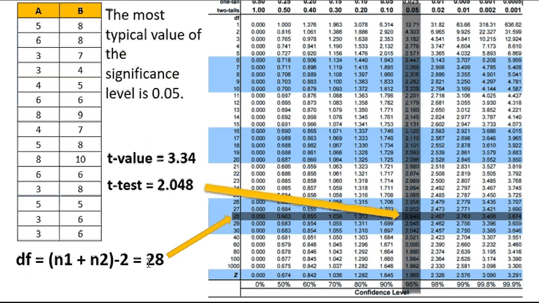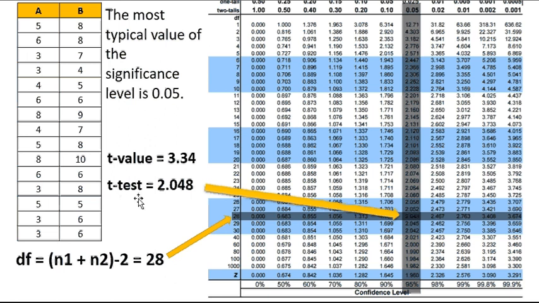So 15 items from the first data set plus 15 makes 30, minus 2, that is 28. So we have 28 and the 0.05 as the alpha value. The intersection of that gives the critical value, 2.048.